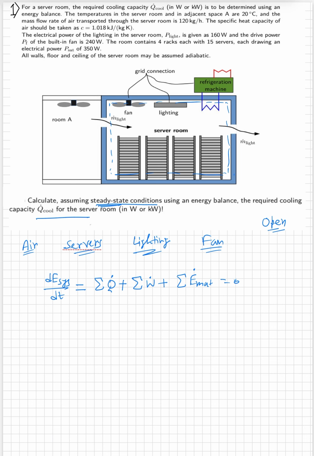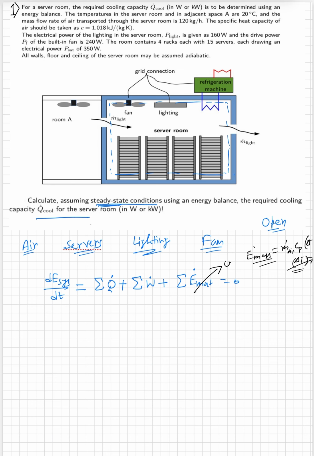So the material transfer will be 0, because the material transfer rate is the mass flow rate of the air, Cp of the air, and the temperature difference of the air, delta T, and the temperature is the same for both out and in. So delta T is 0. That's why the material transfer is 0.